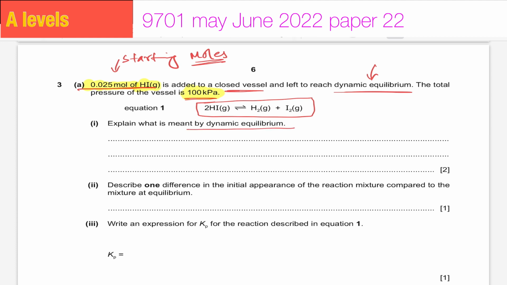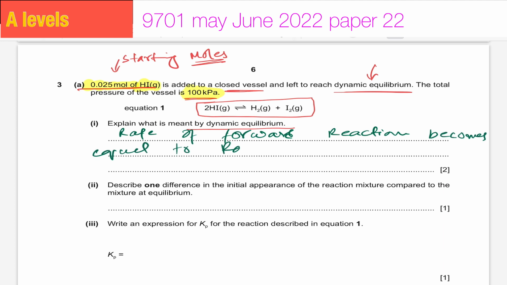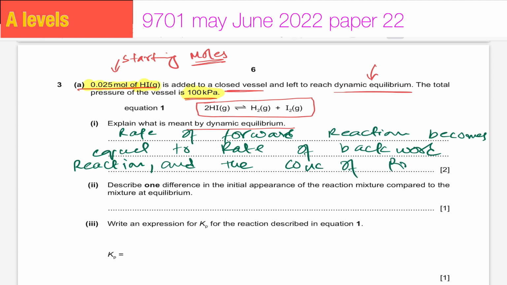So this is the simple definition: dynamic equilibrium is when the rate of forward reaction becomes equal to the rate of backward reaction, and the concentration of reactants and products gets constant.